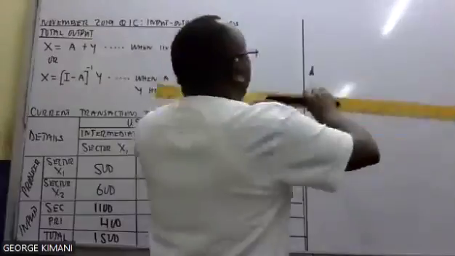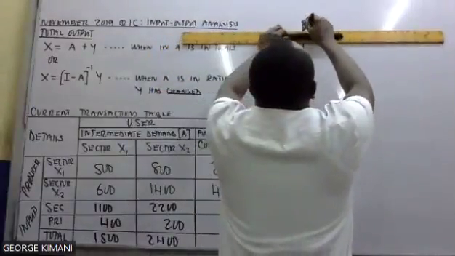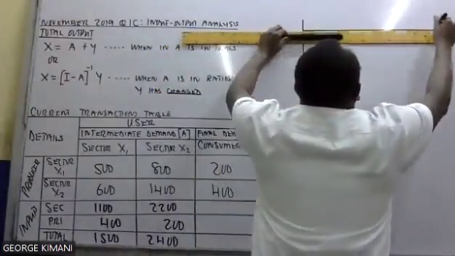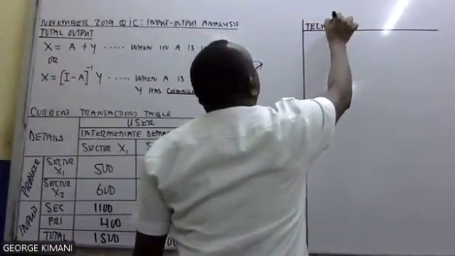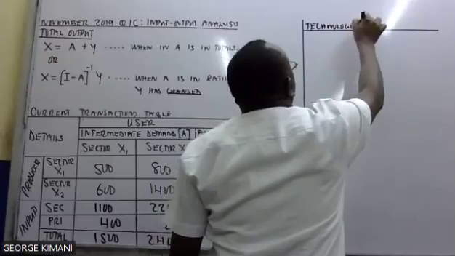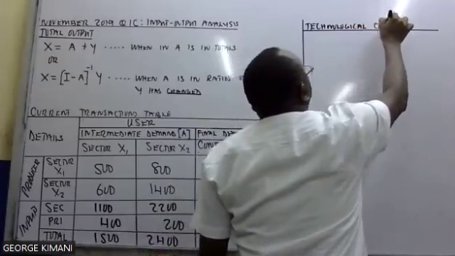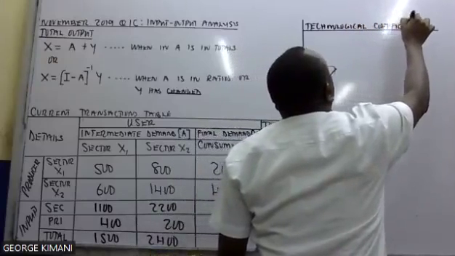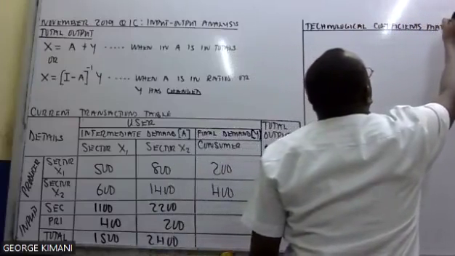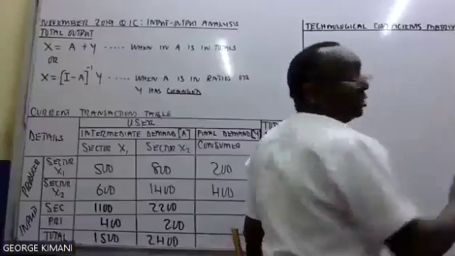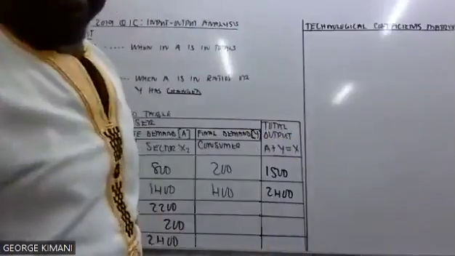So the first thing now is to compute what we call the technological coefficients matrix. Technological coefficients matrix.